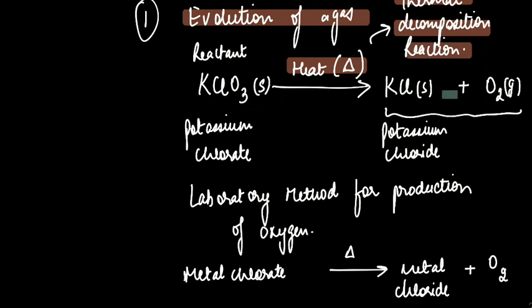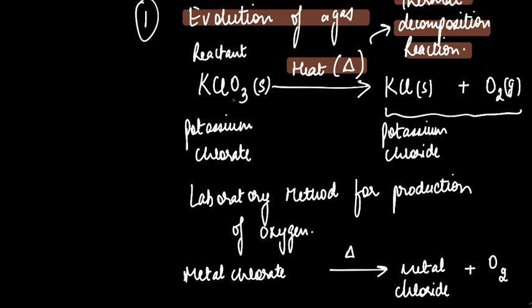Coming to the balancing part, if we want to do it with whole numbers, that means we want the stoichiometric coefficients to be whole numbers, not fractions. So we can see that KCl is perfectly balanced in potassium and chlorine atoms.